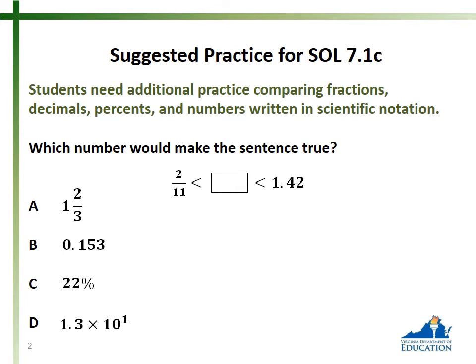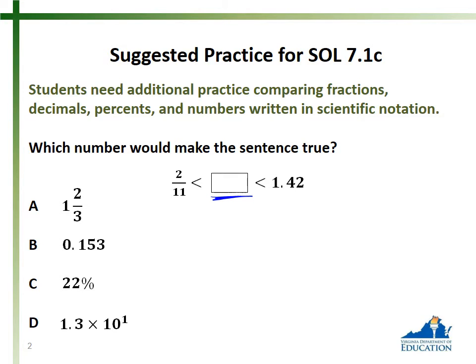So which number would make the number sentence true? We have 2/11ths is less than some number, which is less than 1.42. Let's try to figure out which number would work here.